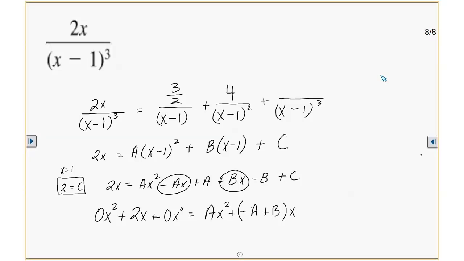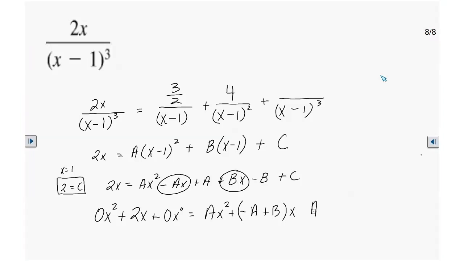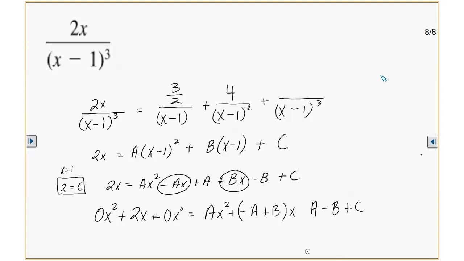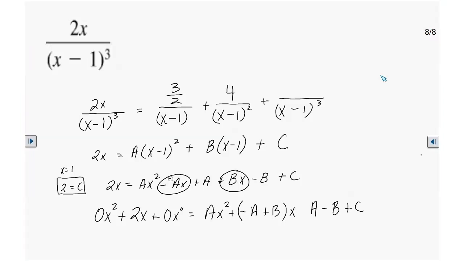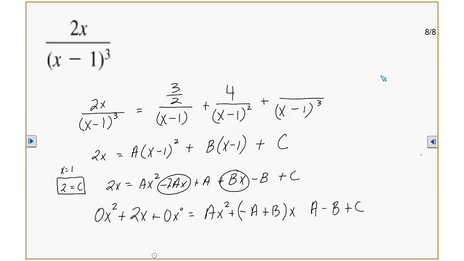And then a minus b plus c. That's an x minus 1 squared, so that's going to be a 2, negative 2. Where do you see x minus 1 squared? You're going to get x squared right here, 2. Okay, that's what's messing everything. All right, so that's going to be negative 2a right here.